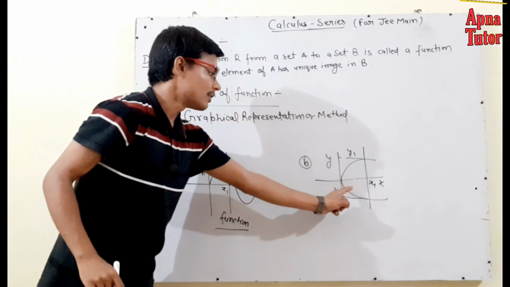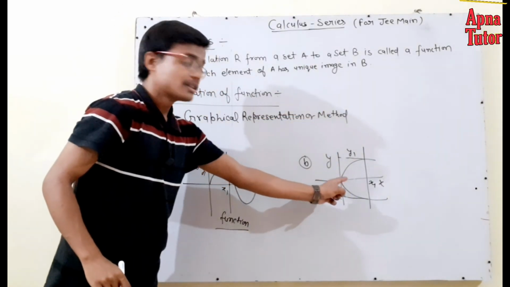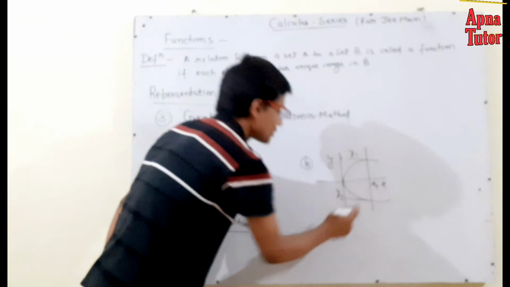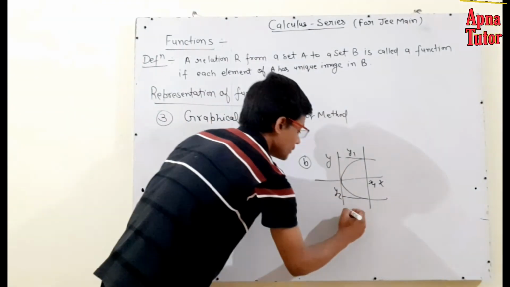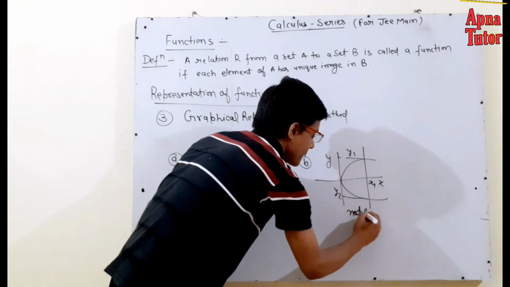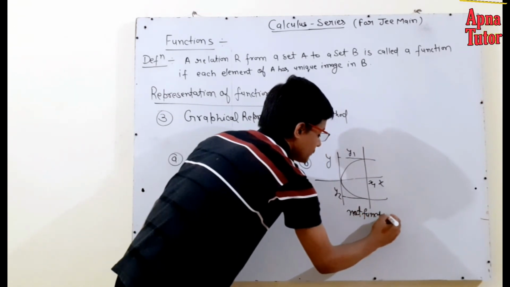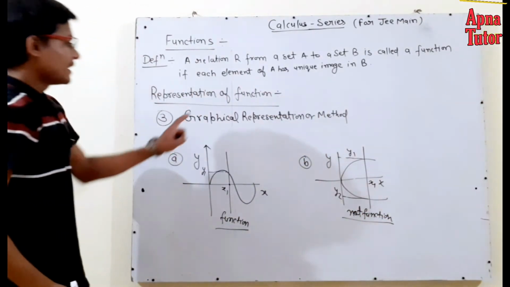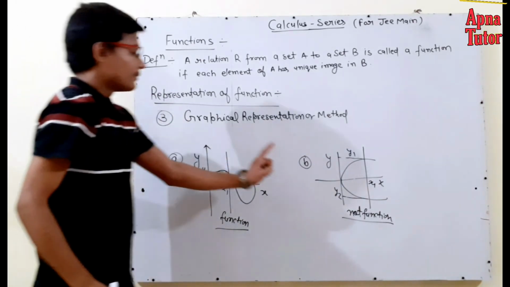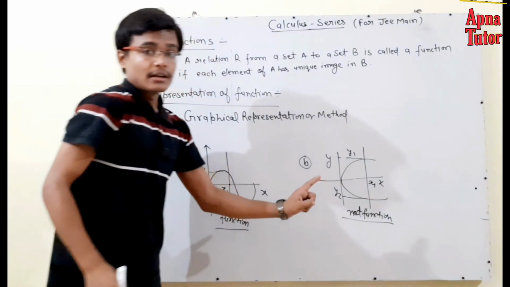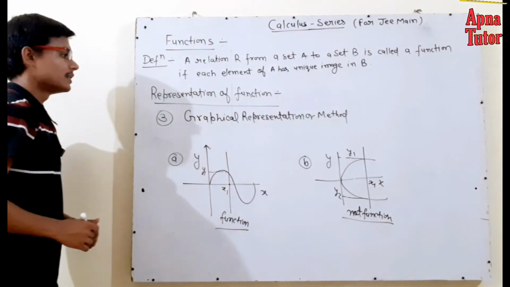But here you got two images, so this is not a function. This discards the definition of function, so this graph is not a function. You can check in this way whether your given graph is a function or not.